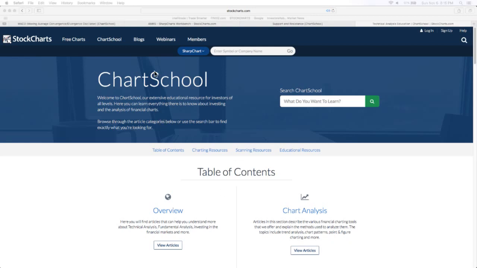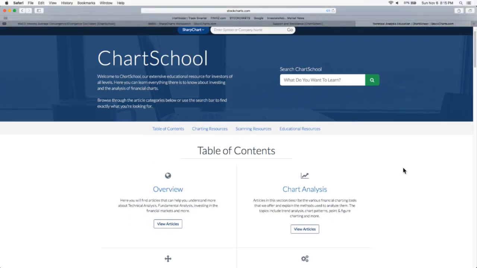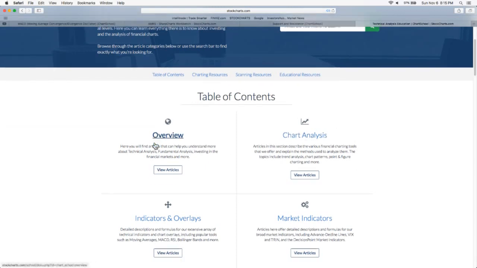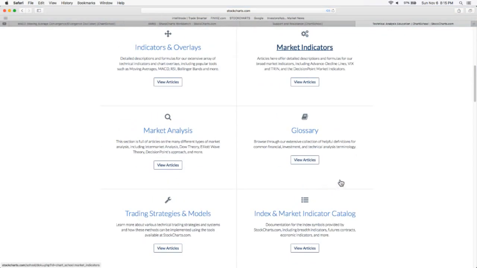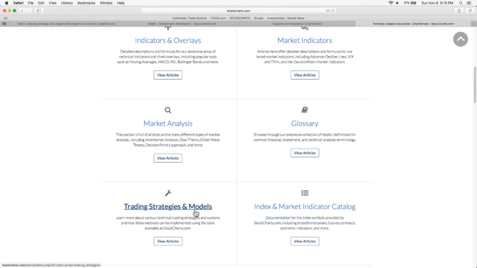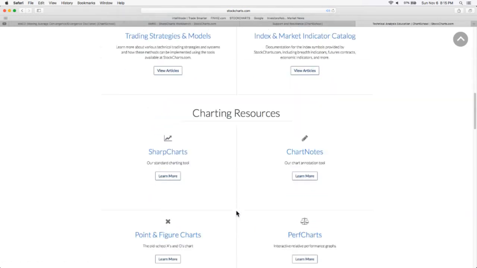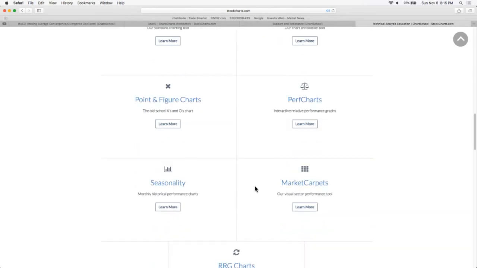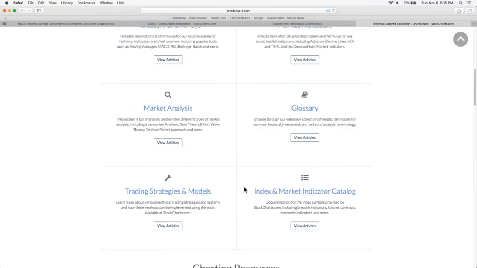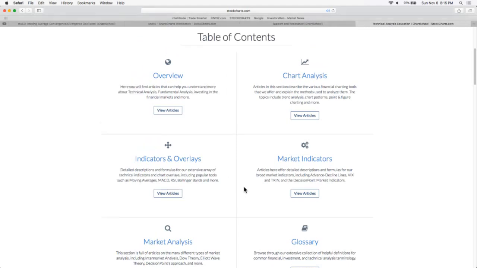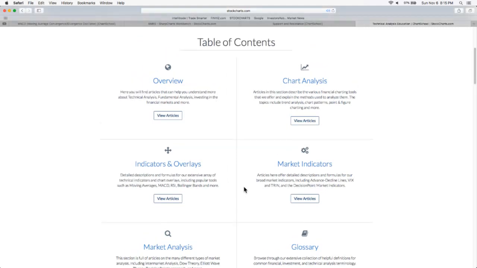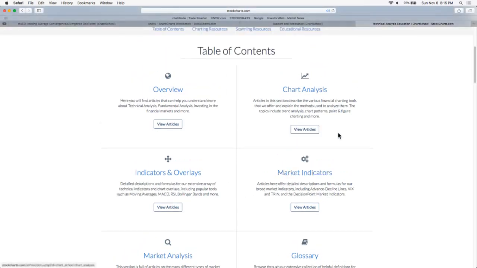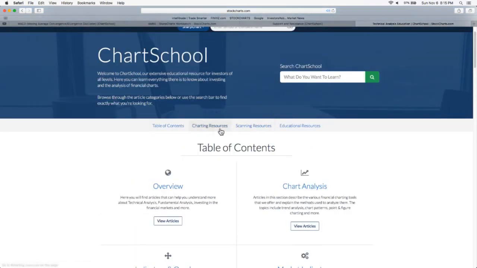Okay, so chart school, when you go here, this has everything categorized. It's got chart analysis, overview, indicators and overlays. Okay, trading strategies. And basically what I recommend is just coming in here and looking at all the different types of charts. You can look at every single type of chart pattern that there is. And it's very, very useful.